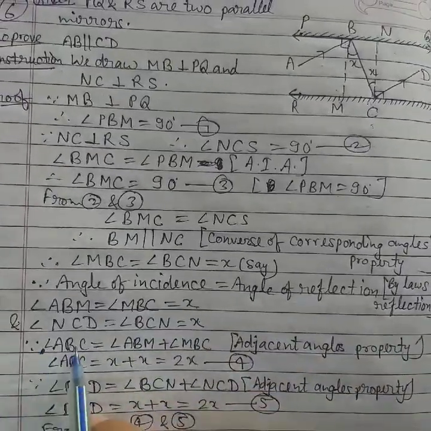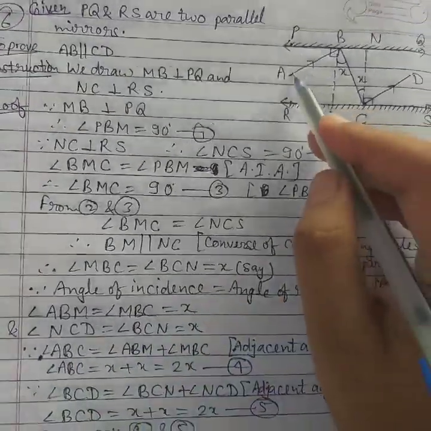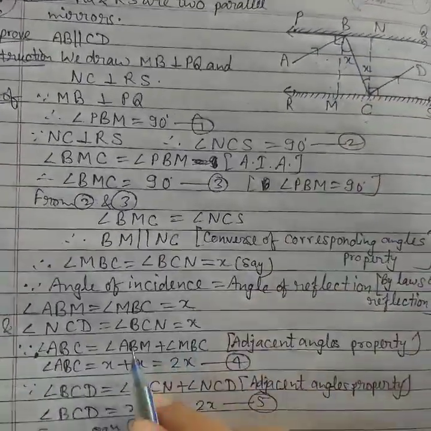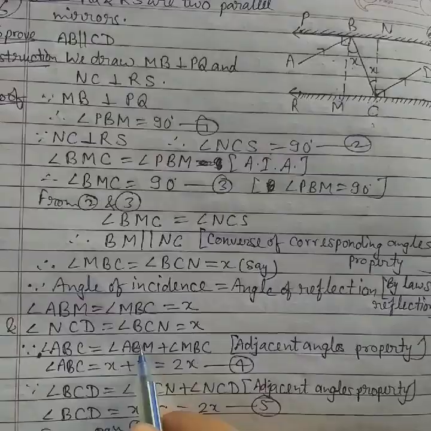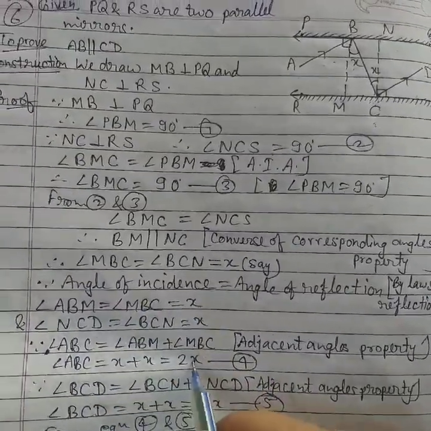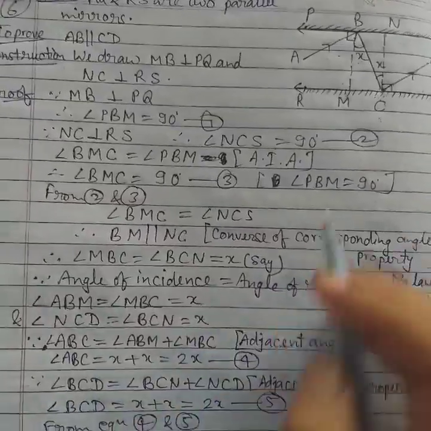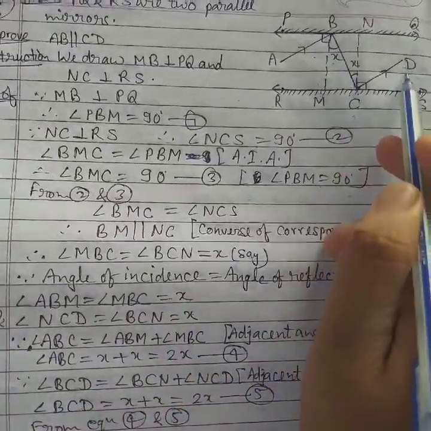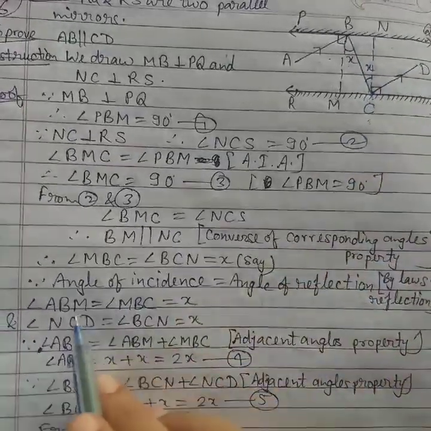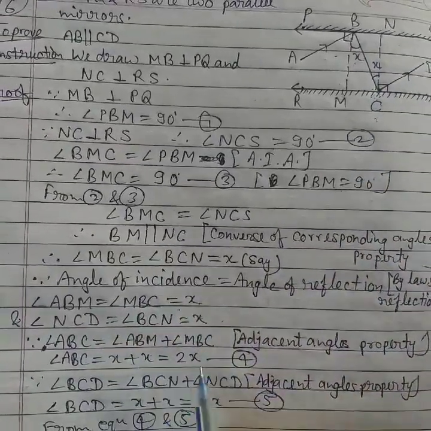Now angle ABC equals angle ABM plus angle MBC. ABM and MBC are both x, so x plus x equals 2x. This is equation 4. Now angle BCD equals angle BCN plus angle NCD. Both angles are x, so x plus x is 2x.